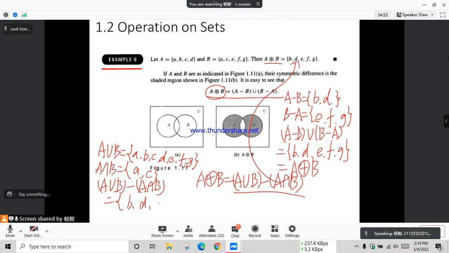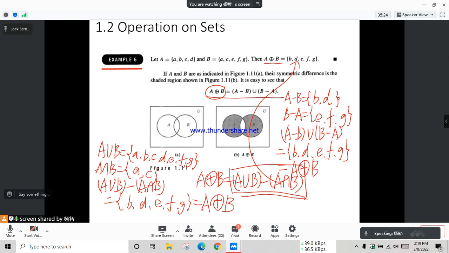B, D, E, F, G, which is also equal to the symmetric difference of A and B. So we have clarified the third expression of the symmetric difference of A and B: the union of A and B minus the intersection of A and B.